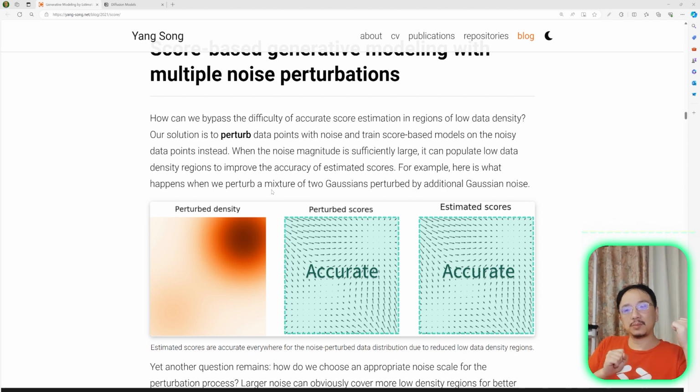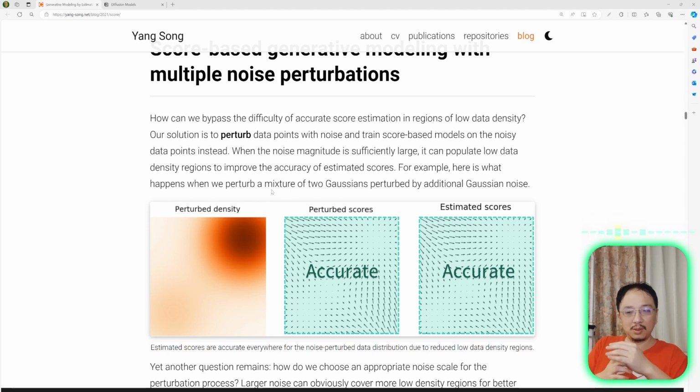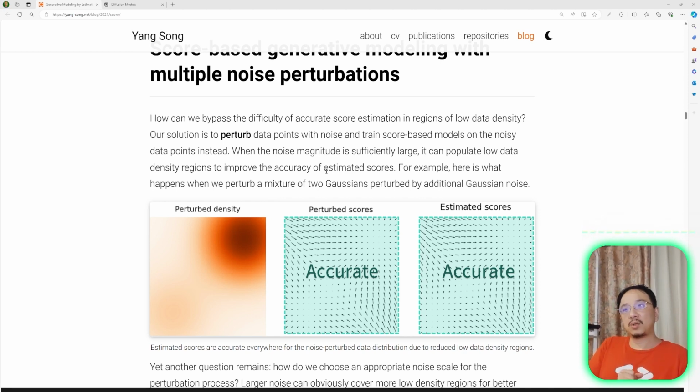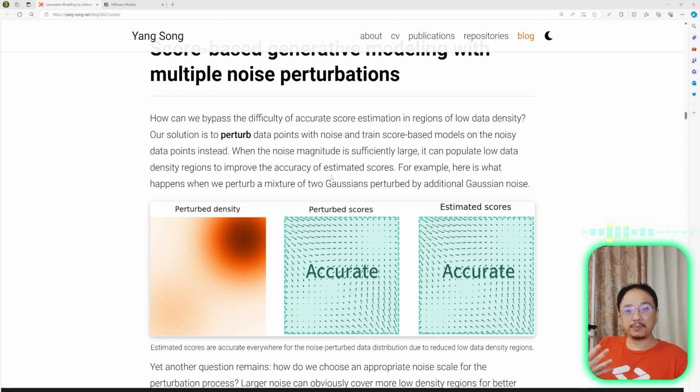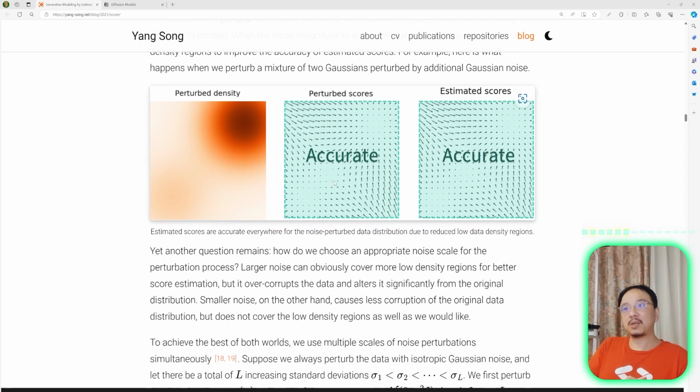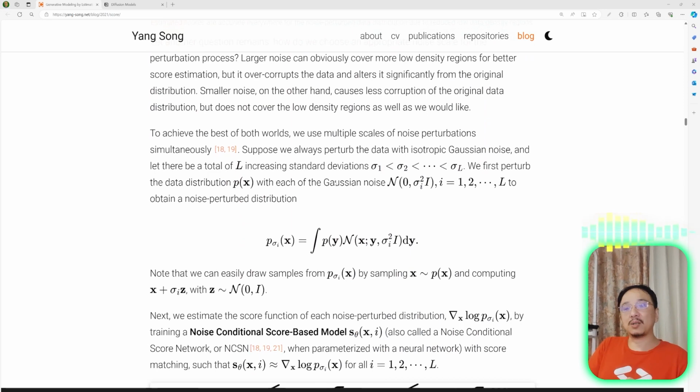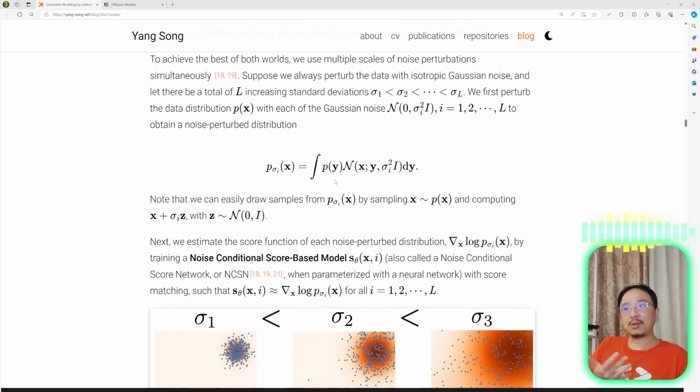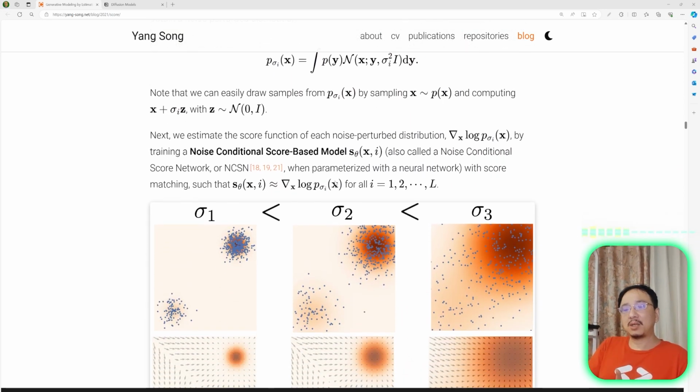And then we reduce the noise even more and train a model that has less and less noise. So after we have models for different scales, then we can do the sampling. Start from the most noisy model.